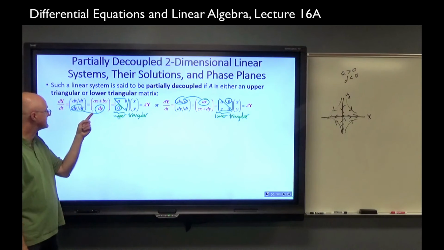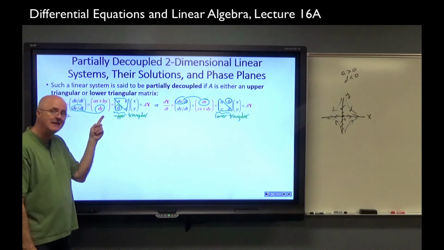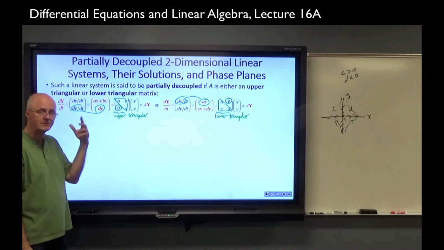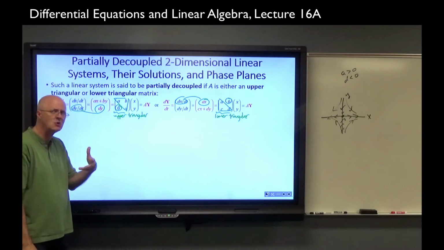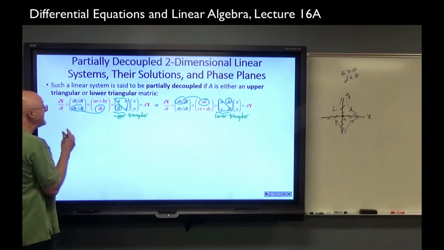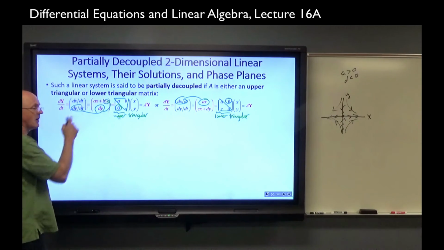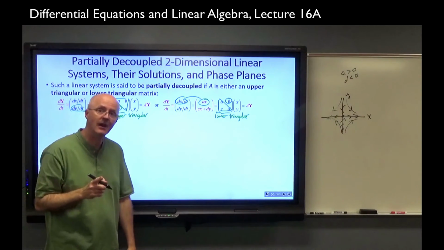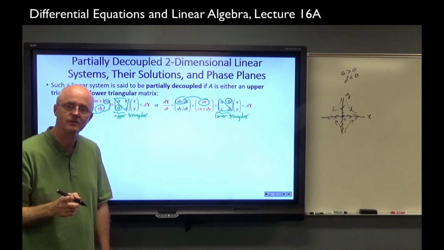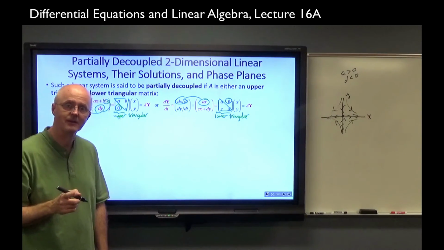Just by inspection, you could say y is y0 e to the dt. Or if you're after a general solution, you could say it's maybe k2 times e to the dt. And then, based on that, you could substitute back up here in place of y and solve for x, using either integrating factors or the method of undetermined coefficients. You might want to try that.